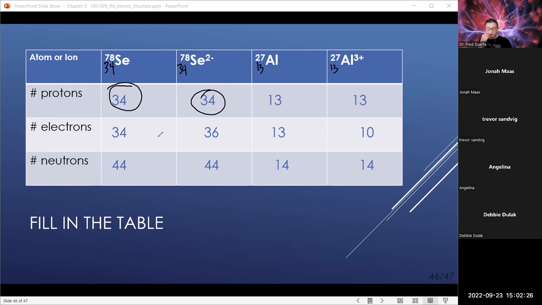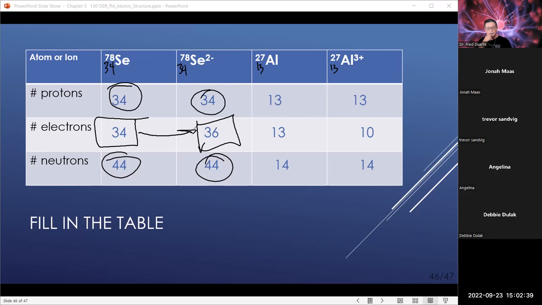Nothing was lost here. No protons were lost, nor were any neutrons lost. What changes is the number of electrons, okay? It's a non-metal, so it picked up 2 electrons to form the -2 ion.